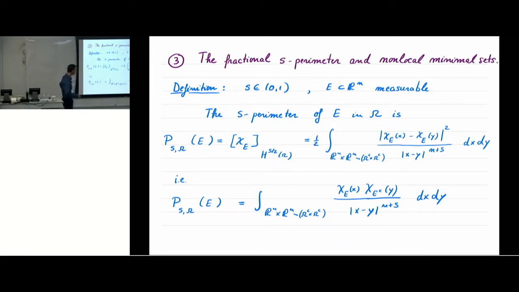I integrate this on all pairs x and y that don't both belong to the complement of omega. Whenever I have interactions in the complement of omega, I ignore them. That's why omega stands for paying attention only to interactions where either x or y is in omega.